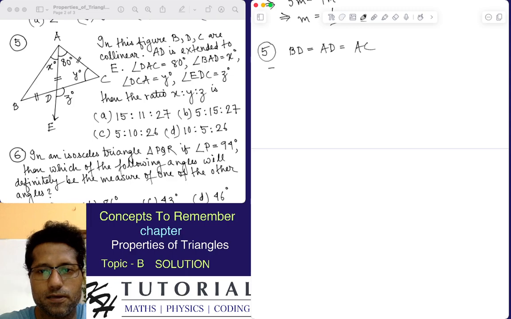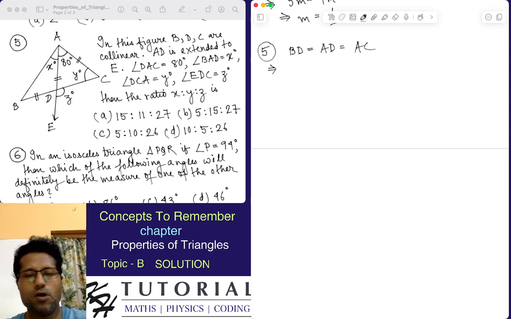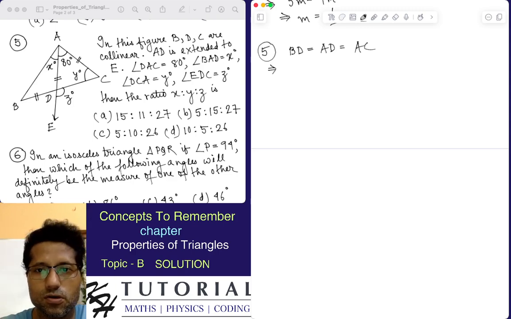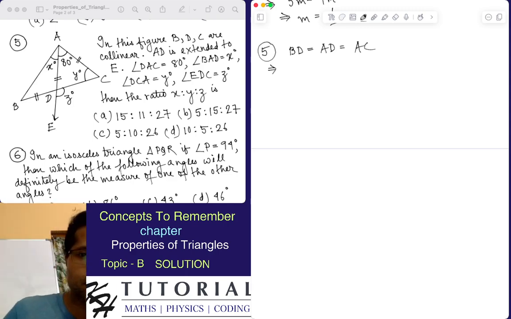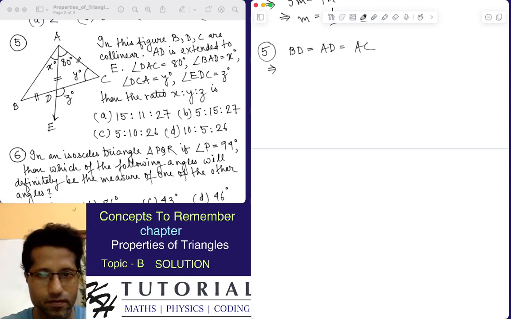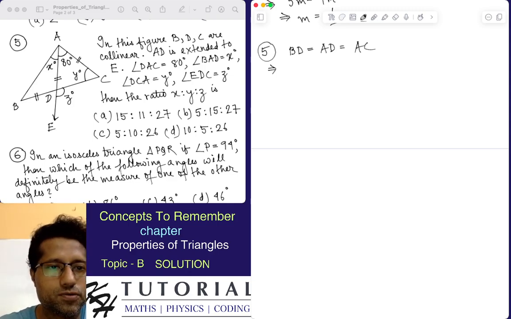We know that in a triangle, if two sides are equal, then the angles opposite to those sides are also equal.